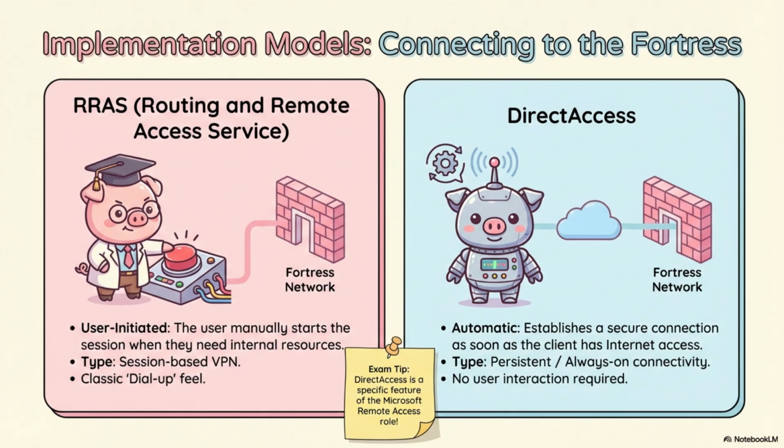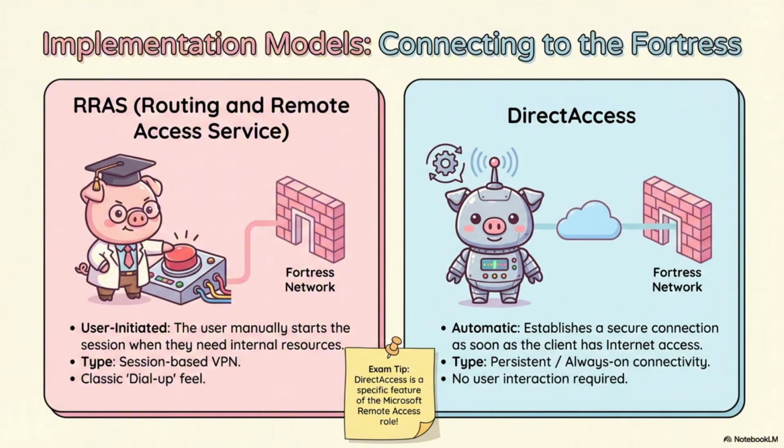For persistent connectivity, Microsoft provides DirectAccess within the remote access role. DirectAccess attempts to establish a secure connection automatically as soon as the client has Internet access, without requiring user interaction. This distinction matters for the exam because DirectAccess represents an always-on model, while RRAS represents a user-initiated, session-based VPN.